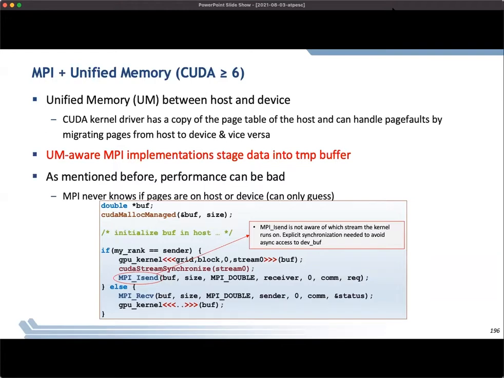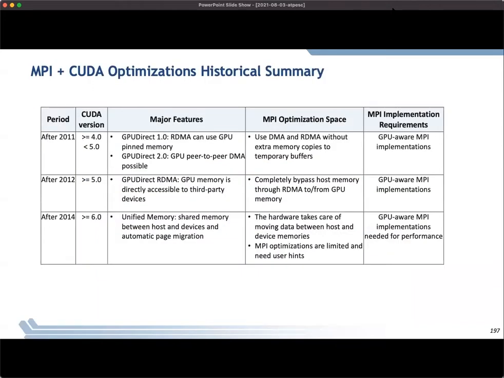But if you look at the slides here on slide 197, this is just a guideline of what is available depending on the CUDA version. Today the latest CUDA is CUDA 10 or 11, I don't remember the exact version number, but this table is showing that after 2012, it already has GPUDirect RDMA support, which does a zero copy.